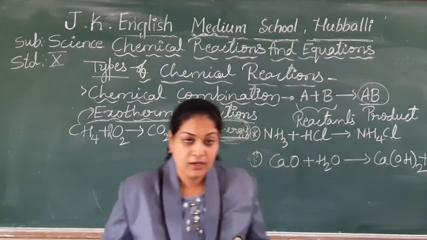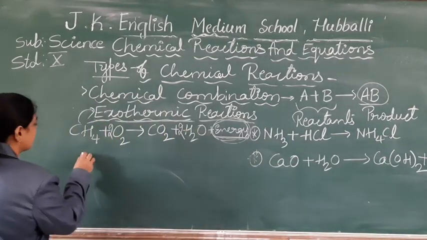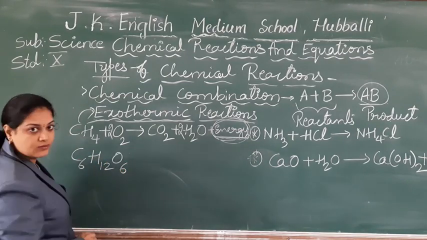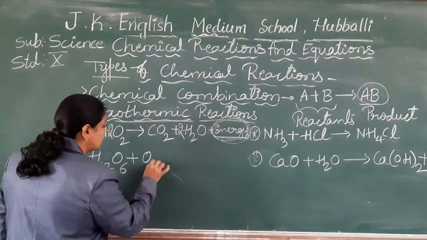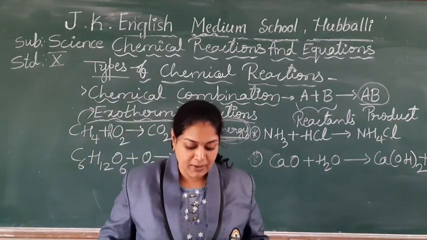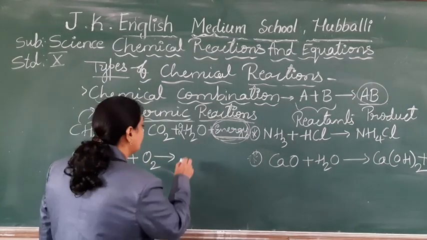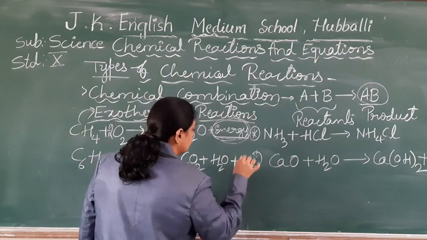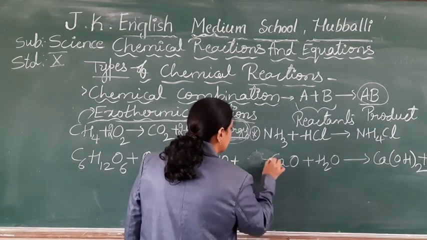Take down the equation. Glucose, C6H12O6, plus oxygen, what you have in here. When these two combine with each other, what are you going to get? Carbon dioxide, water plus energy.